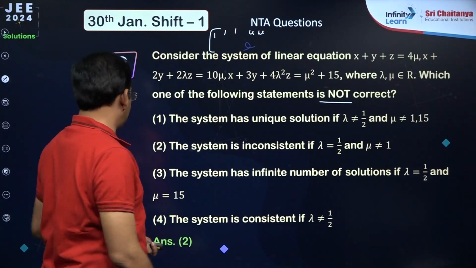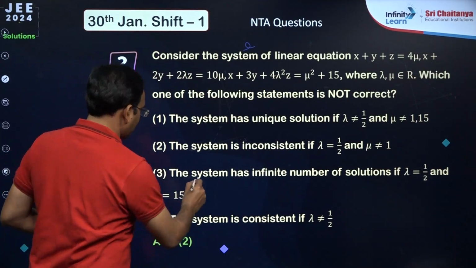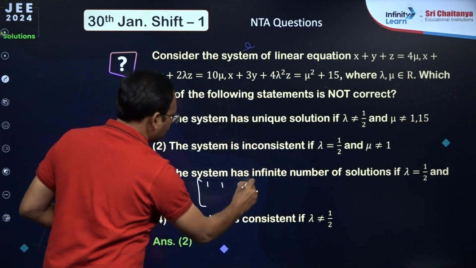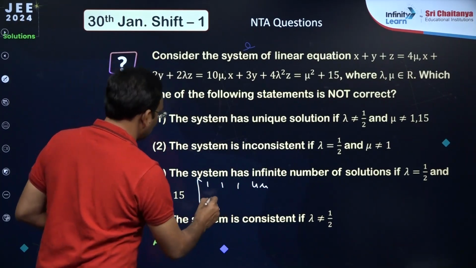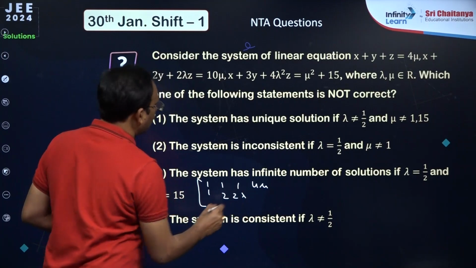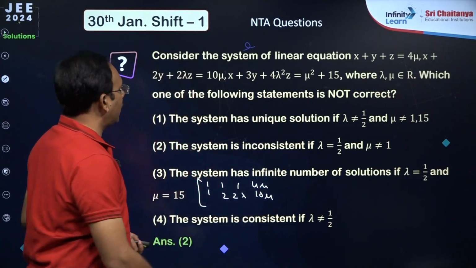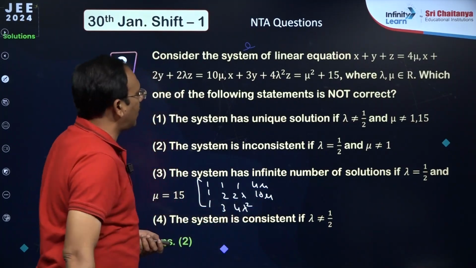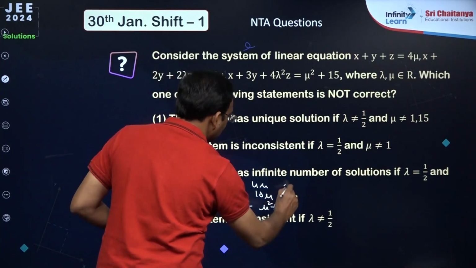So, shall I write here, dear students? You can take the system of equations matrix here, 1, 1, 1, you can write 4 mu. Second equation, you can write 1, 2, 2 lambda, and this is going to be 10 mu. And the third one, 1, 3, 4 lambda square, this is going to be mu square plus 15.